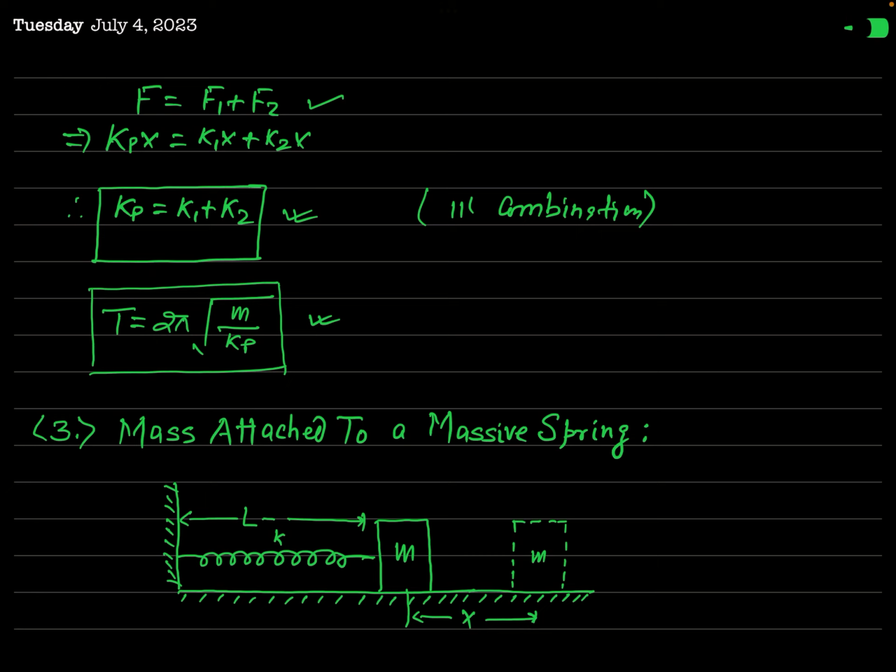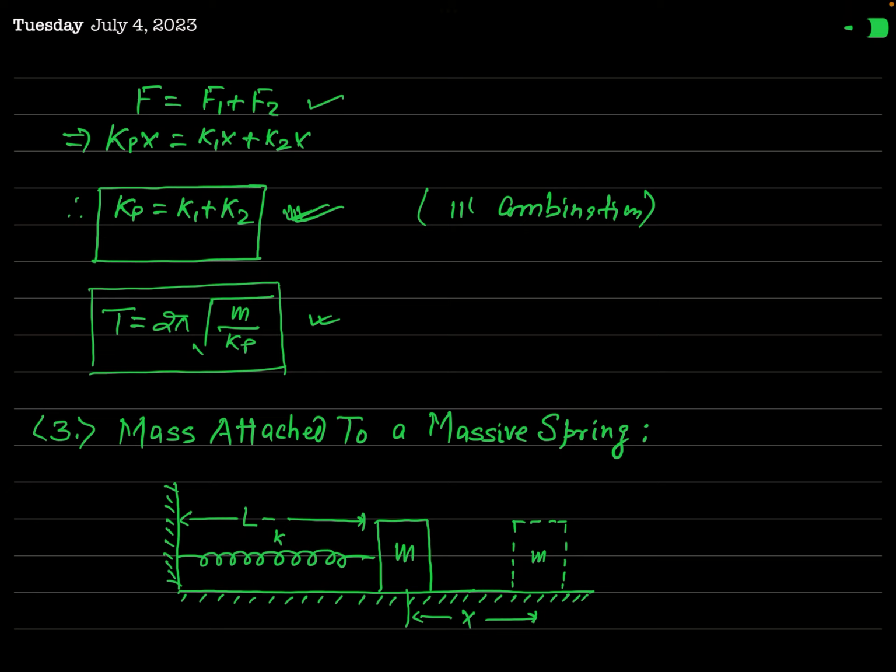In place of k, now we will write Kp, and the value of Kp will be substituted by simply adding the spring constant of each spring. So I think you have clearly understood it.